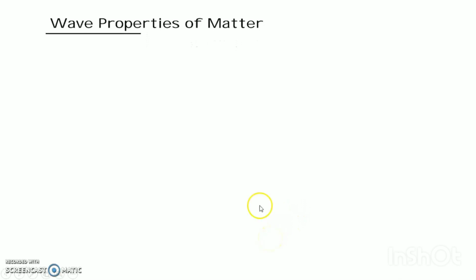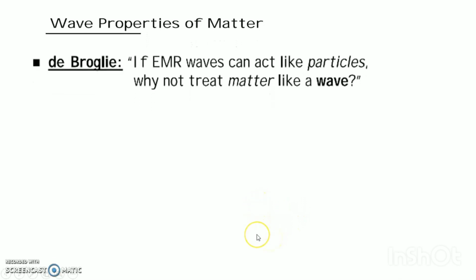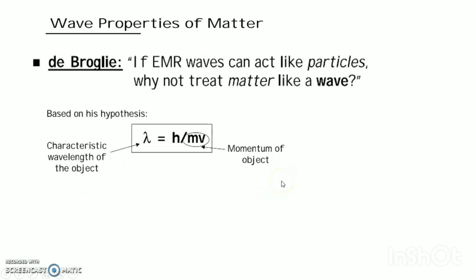Wave properties of matter. De Broglie: if EMR waves can act like particles, why not treat matter like a wave? This is the hypothesis. The characteristic wavelength of the object is lambda, h is the Planck constant, and mv is the momentum of the object.